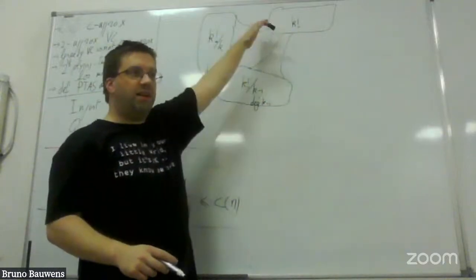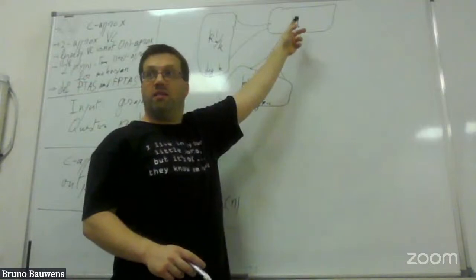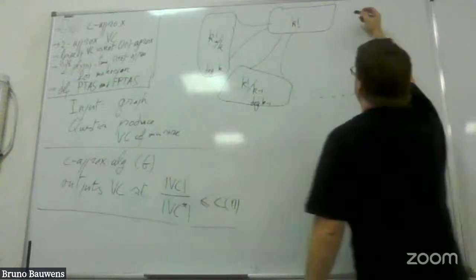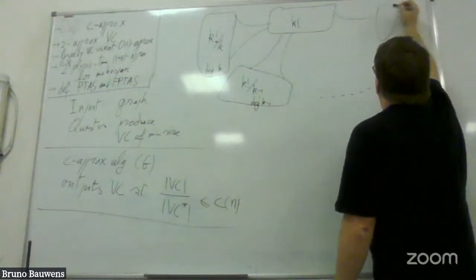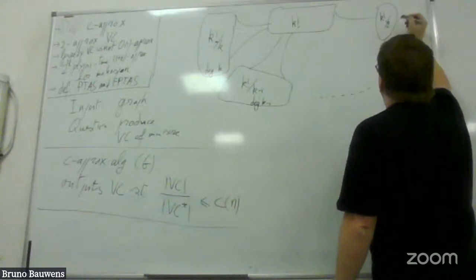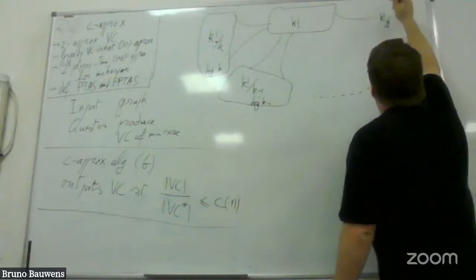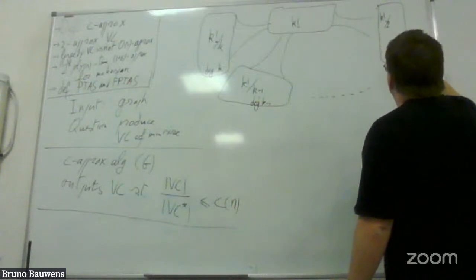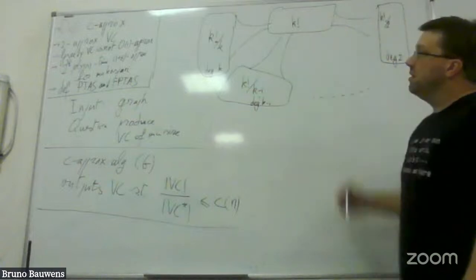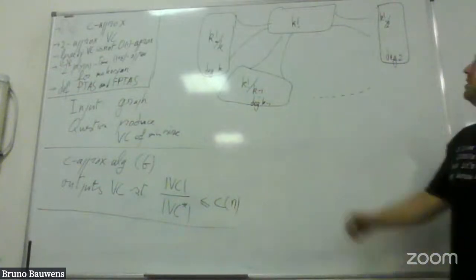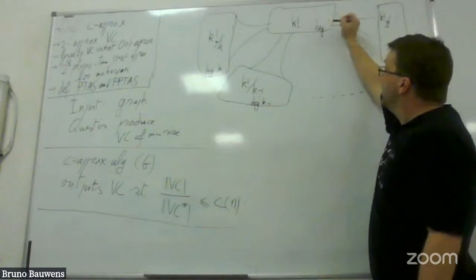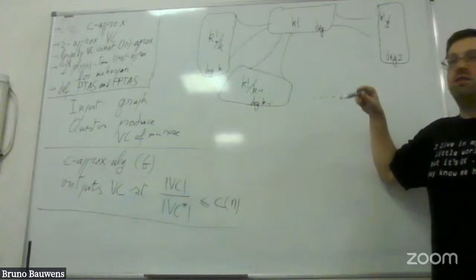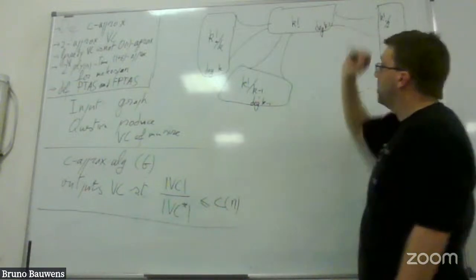After we connect them, all nodes here have degree k. And so we continue until we end up with the group k factorial divided by 2, a big group, with degree 2. So these nodes have degree equal to the number of groups, which is k minus 1.